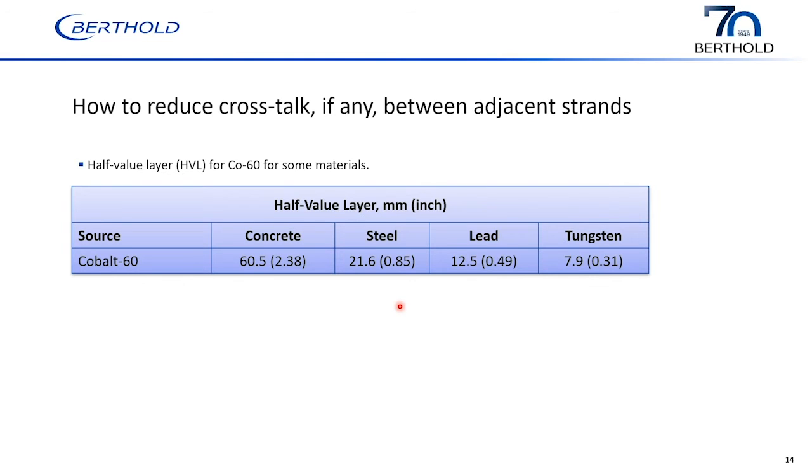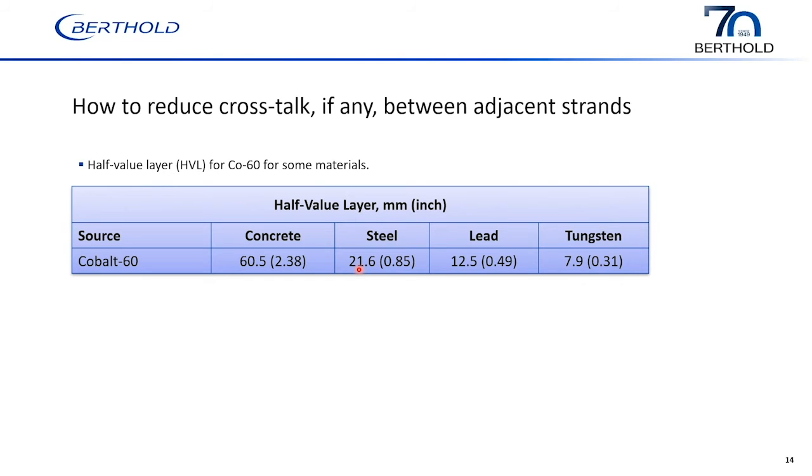This also means that a twice as thick steel plate will halve the radiation one more time, meaning a reduction to 25%. So if we have a steel plate of 22 millimeters, that will reduce the radiation to 50%. If we have a steel plate that is 43 millimeters thick, that will reduce the radiation 2 times.